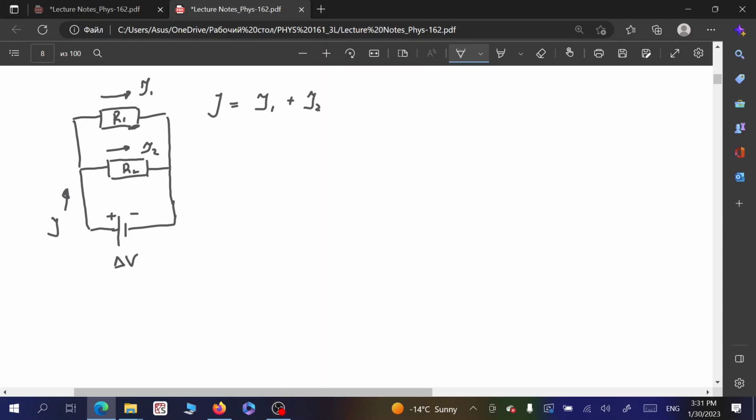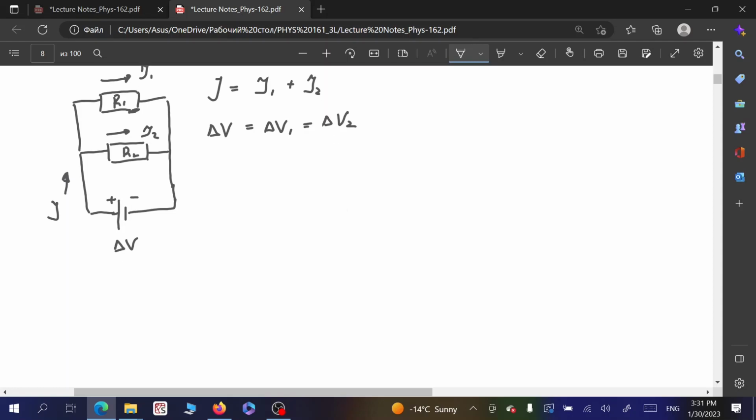However, the potential difference between the terminals of the battery and the terminals of the resistors will be the same since they are connected in parallel. So delta V will be equal to delta V1, and that will be equal to delta V2.